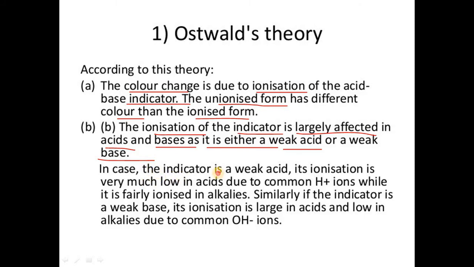In case the indicator is a weak acid, its ionization is very low in acids due to common H plus ions, while it is fairly ionized in alkaline medium. Similarly, if the indicator is a weak base, its ionization is large in acids and low in alkalis due to common OH minus ions. So these are the factors regarding ionization of indicators if they are weak acid or weak base.